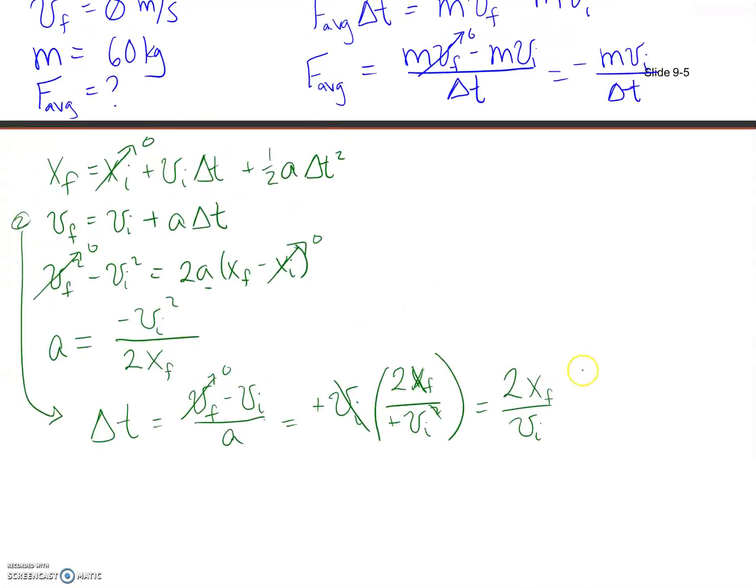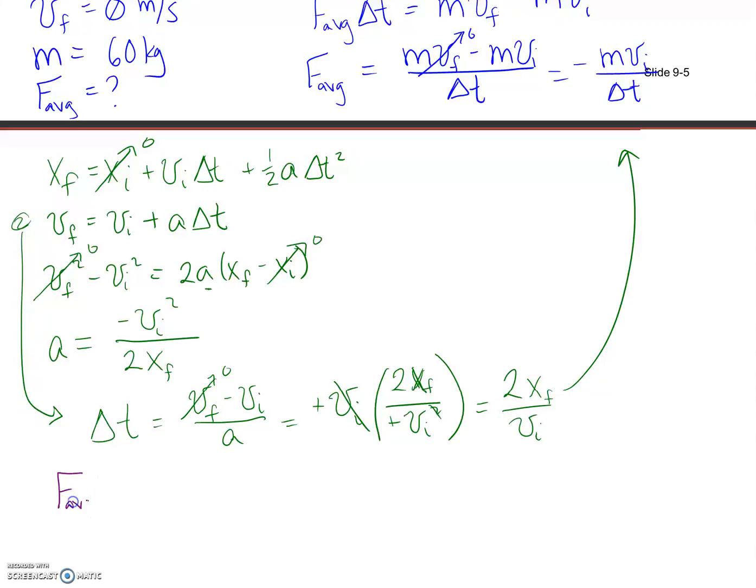Now I can plug that in to the force to find the average force. So let's get purple. The last step is F average is equal to negative m v initial divided by delta t. I'm going to take this and flip it and plug it in here.